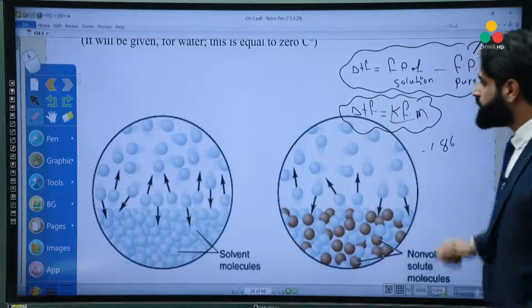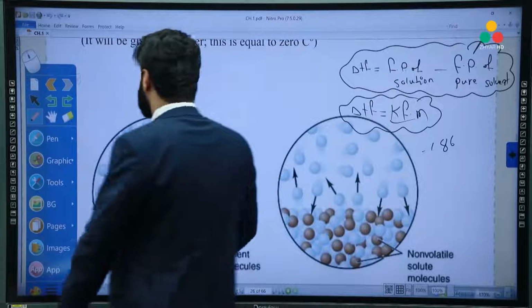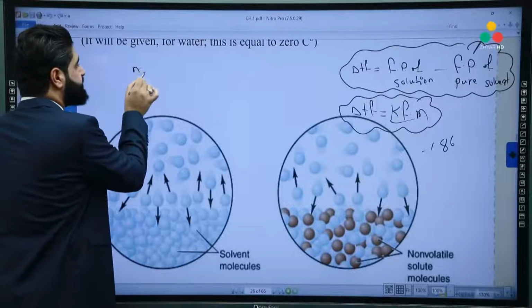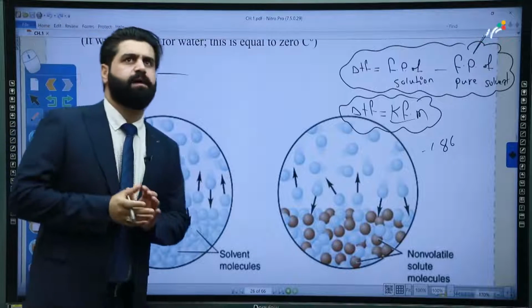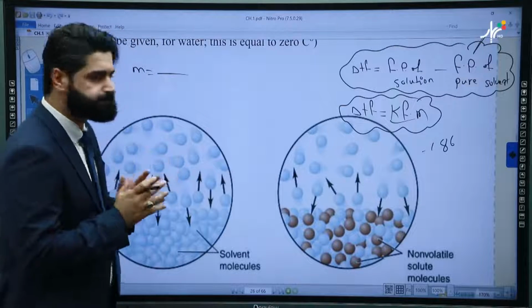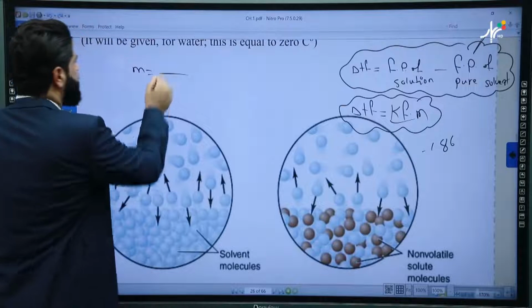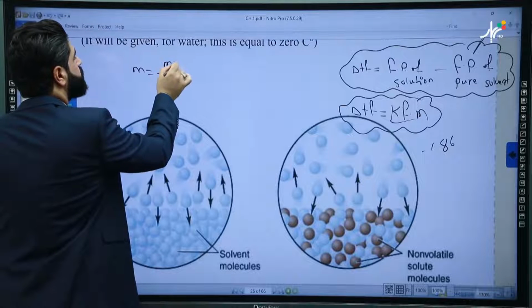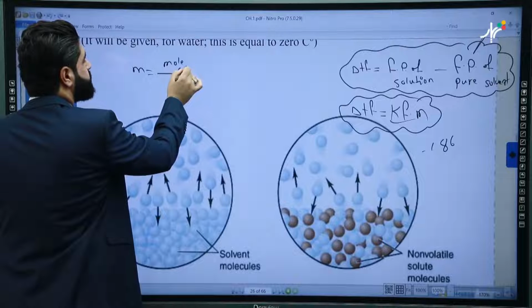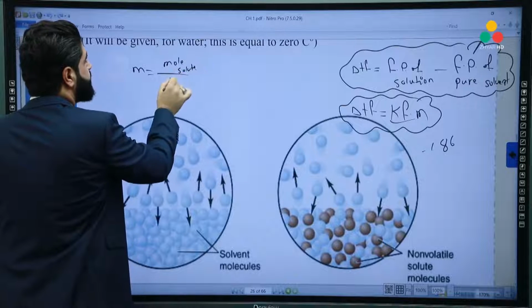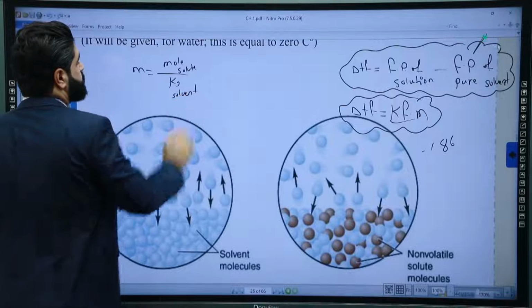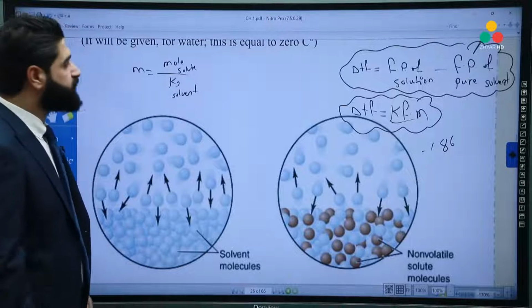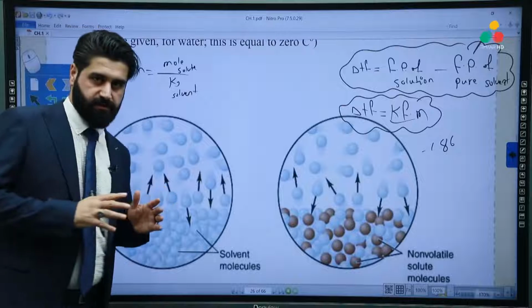About the molality, hopefully you remember what molality is. I explained it in the first lecture. I remember I talked about molality and molarity. Molality equals moles of solute per kilogram of solvent. So here we have one step before doing anything in any question.